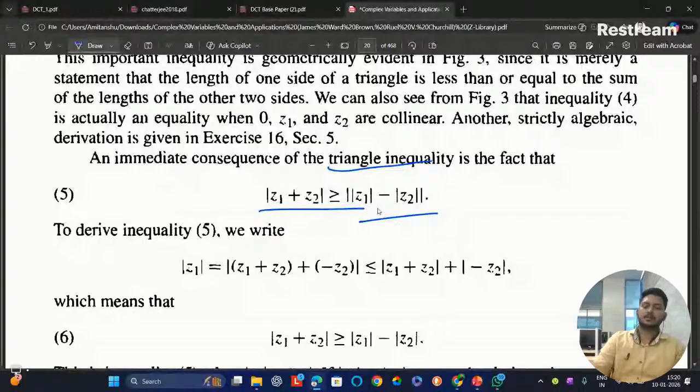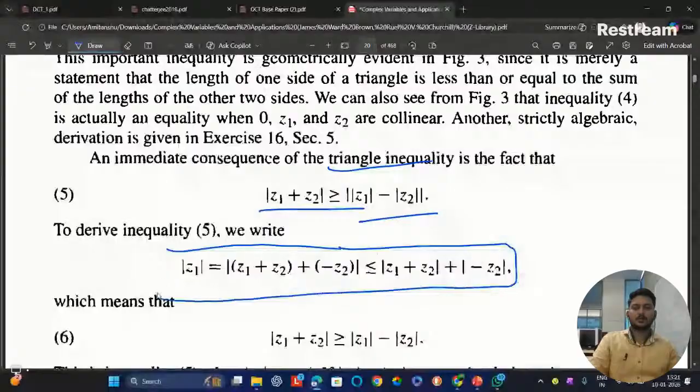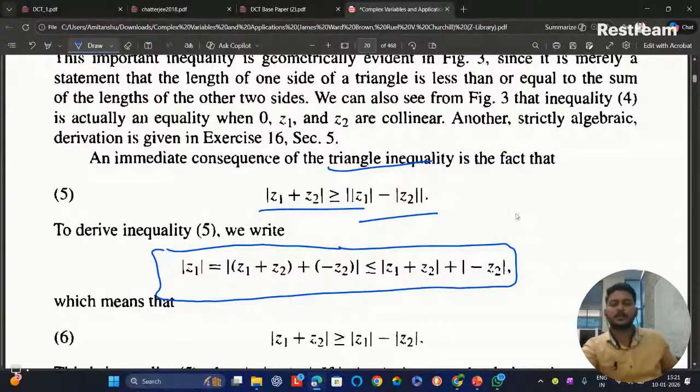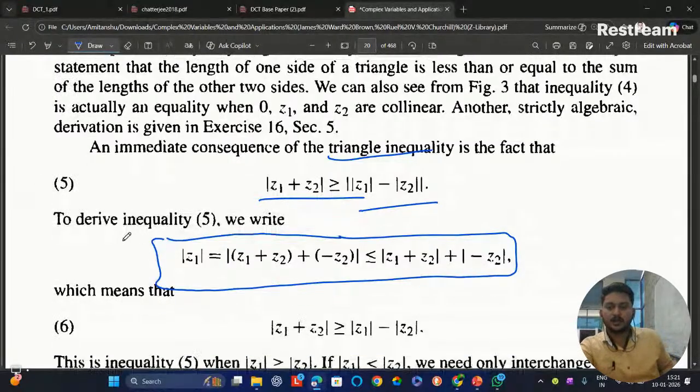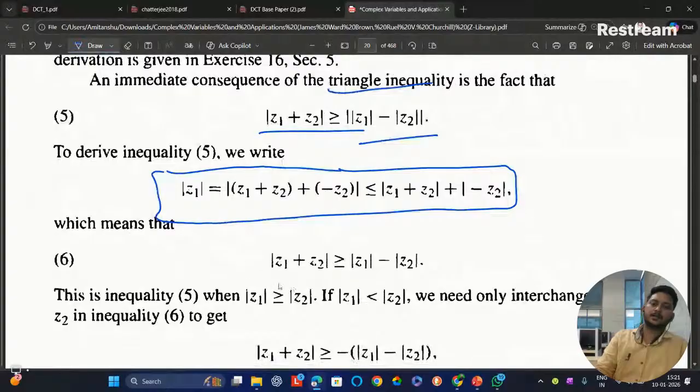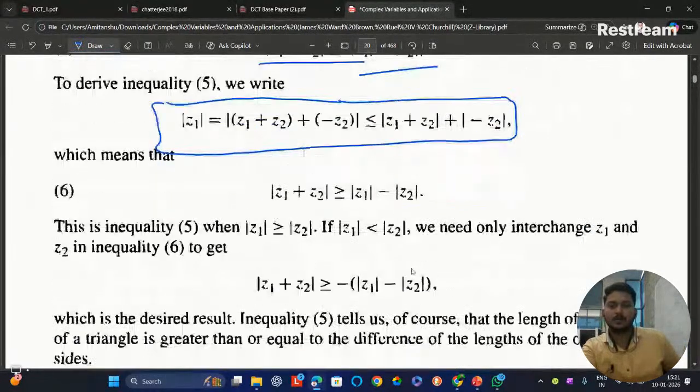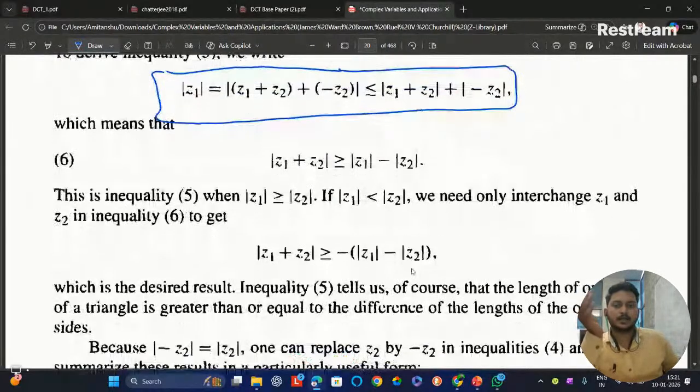So I think the derivation goes like this for Z1 and Z2. This is the derived inequality, for equation 5, so you may write it like this. Now it means that modulus of Z1 plus Z2 is greater than or equal to modulus of Z1 minus Z2. These two inequalities can interchange Z1 and Z2 in inequality 6, so we get the desired result.